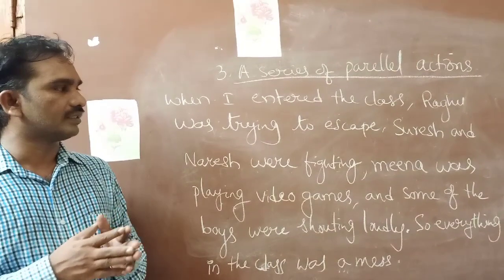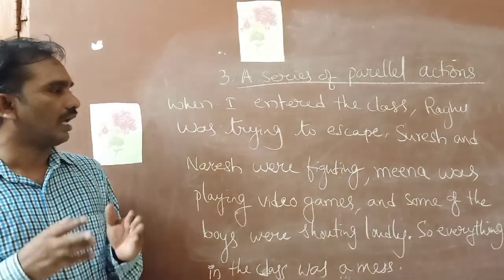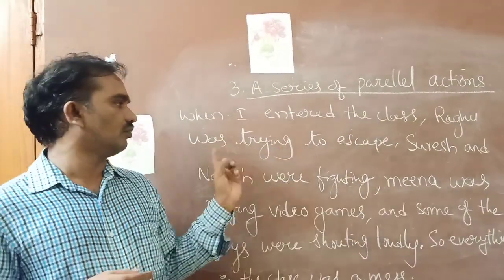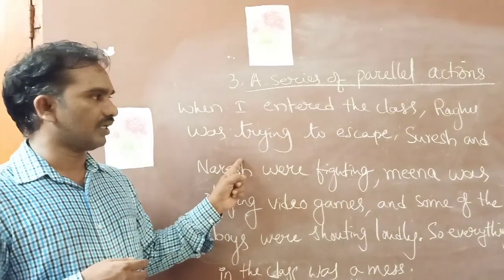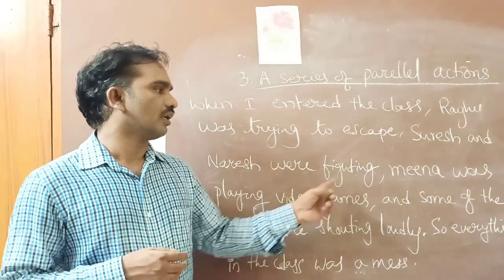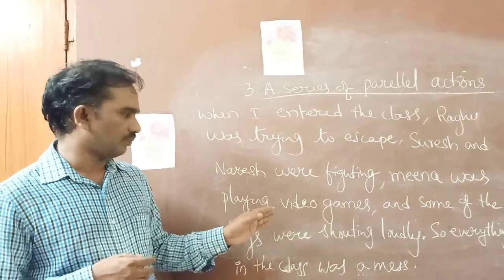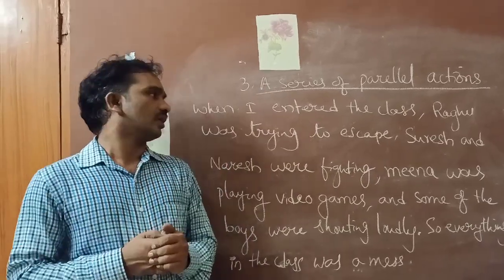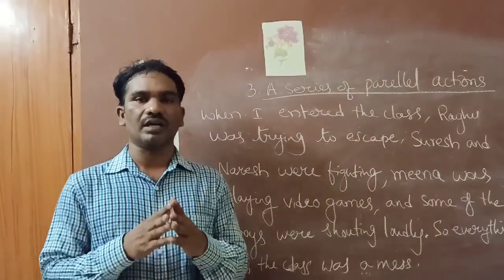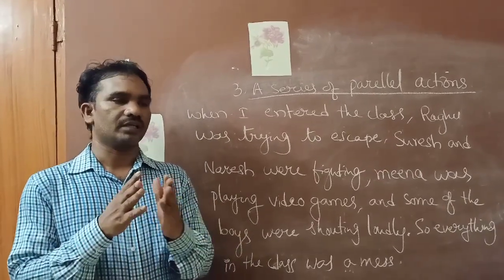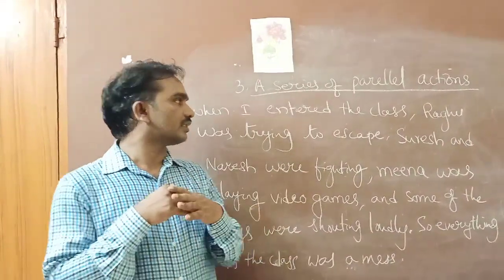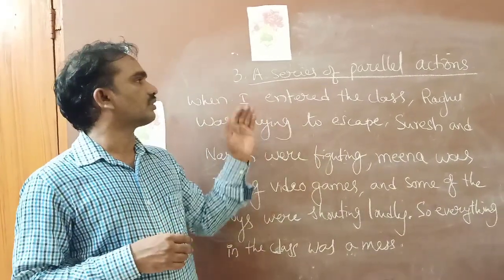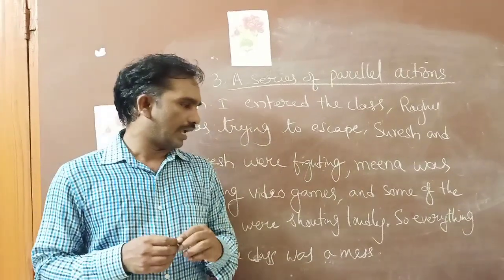As soon as I entered the class, Raghu was trying to escape. Suresh and Naresh were fighting. Meena was playing video games, and some of the boys were shouting loudly. At least four actions were continuously happening, in a series, at the same time. That's why this is called a series of parallel actions.